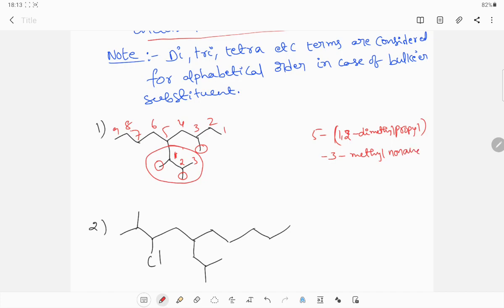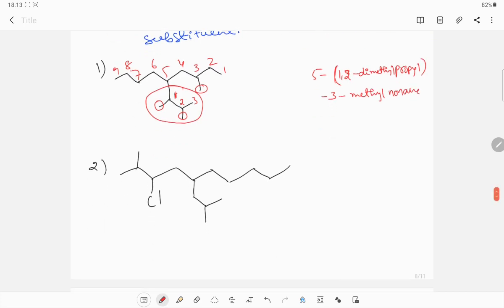Very simple, students, no need to think it is difficult. It is bulkier. The directly attached carbon is the first carbon, 2, 3. So what is the bulkier one's name? 2-methyl propyl.